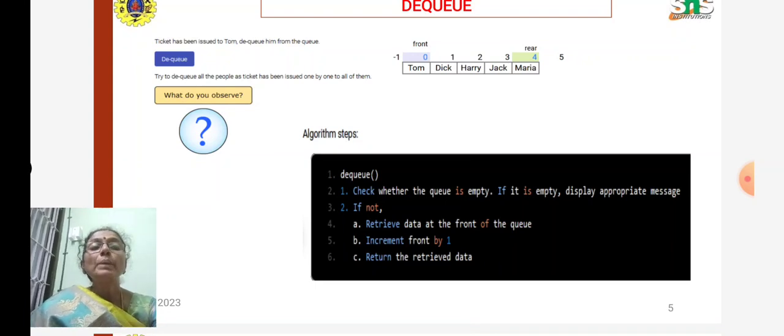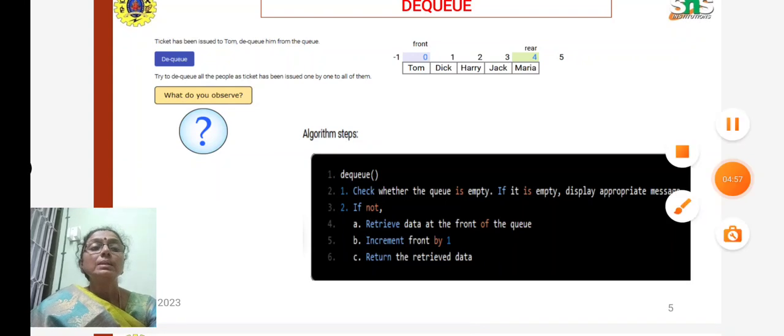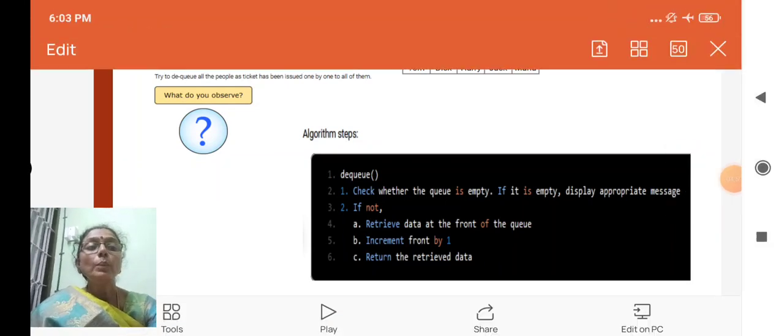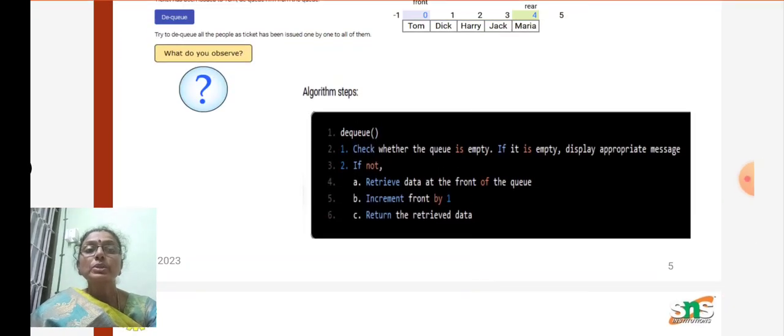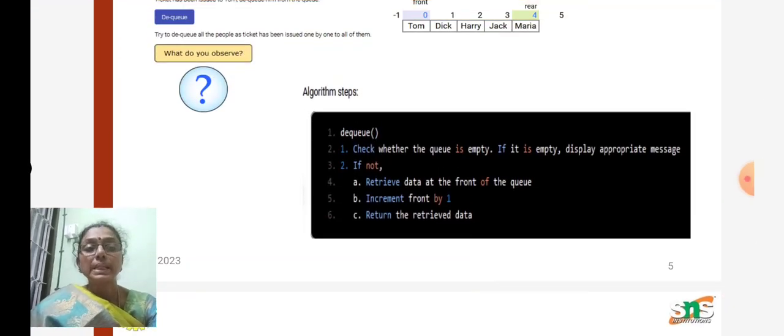So this is how queue management is followed in ticket booking systems. I hope you understand the NQ and DQ operations and how queue management is done in this real-time scenario.